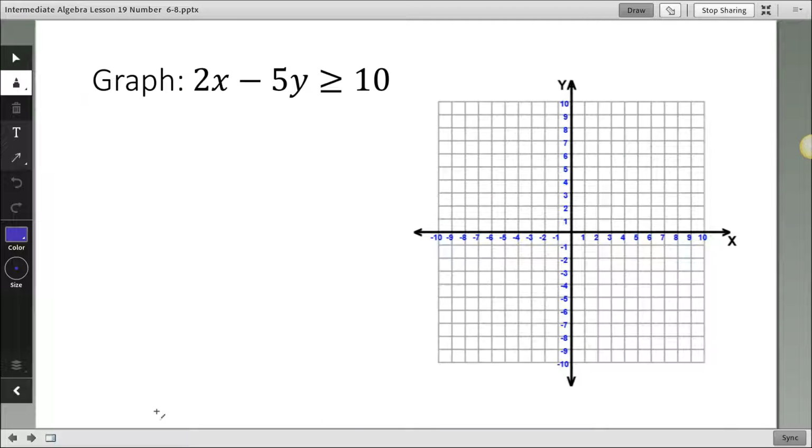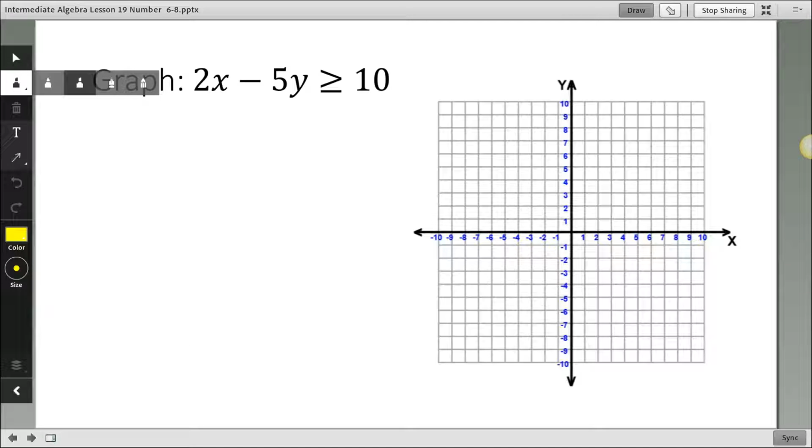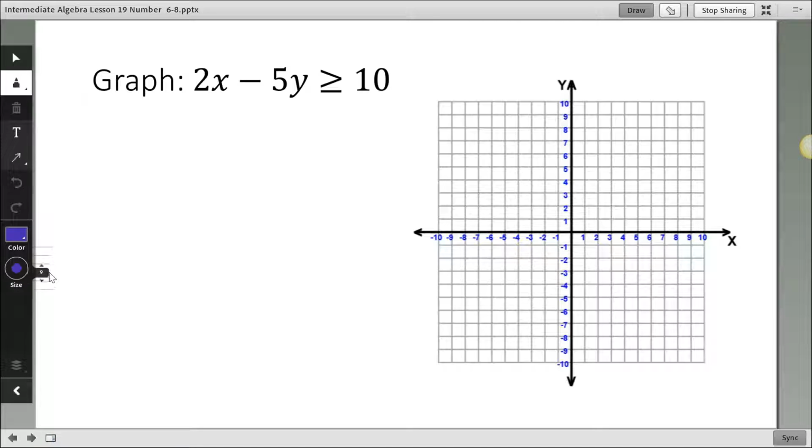Same technique. I am going to ignore this for just a second.